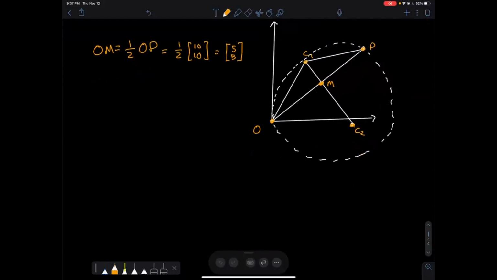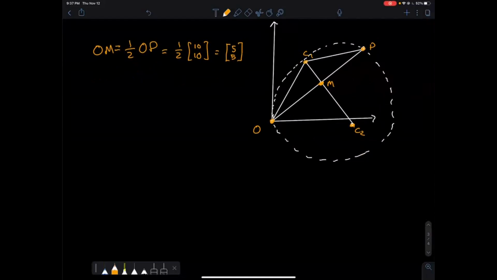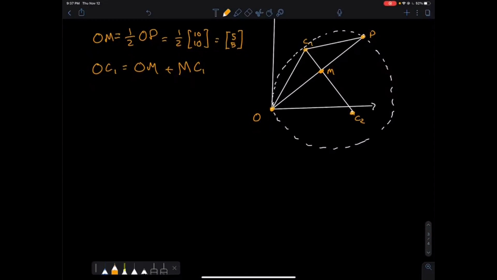The other thing that we have is that OC1 is equal to OM, so the vector from O to M, plus the vector from M to C1, right? This is the magical thing about vectors. You can just add them together and they just work like magic. I'm assuming you guys know how to do basic vector math. This is something you learned in some class. I don't remember which one, but we can get these two formulas if we look at our diagram.